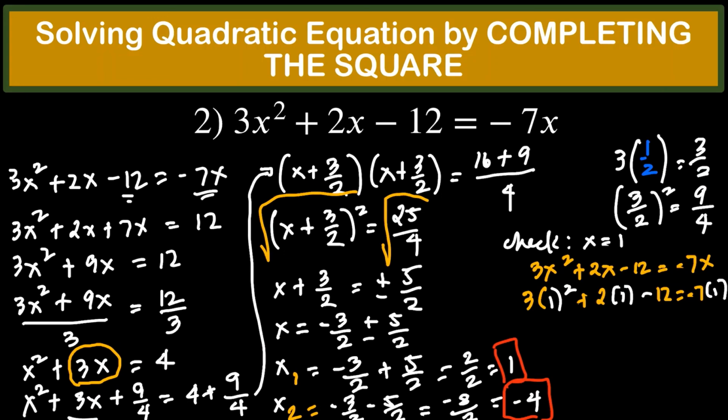So this will give us 1 squared is 1 times 3 is 3 plus 2 times 1 is 2 minus 12 equals negative 7. So let's put a question mark there. Okay, and we have 3 plus 2, 5 minus 12 is negative 7 equals negative 7. And so our answer is correct. For x equals 1 as an answer, then it is correct.